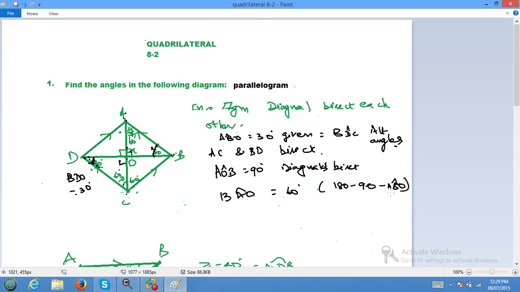This is 30. BAO is equal to 60 degrees. Similarly, angle ACD is equal to 60 degrees. It is the alternate angle of BAO.